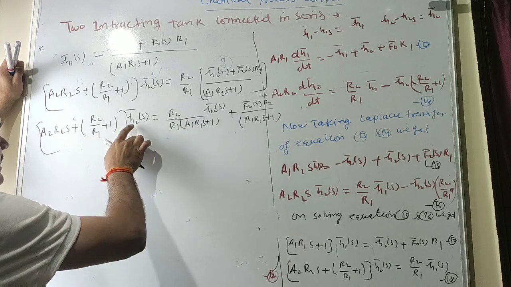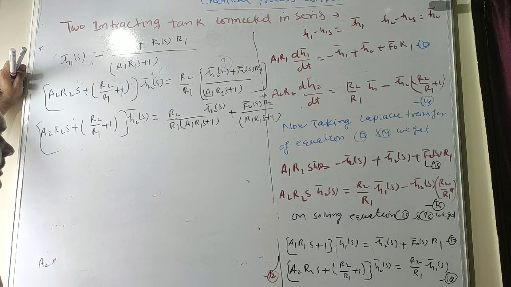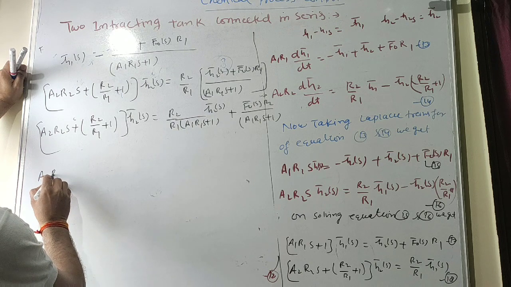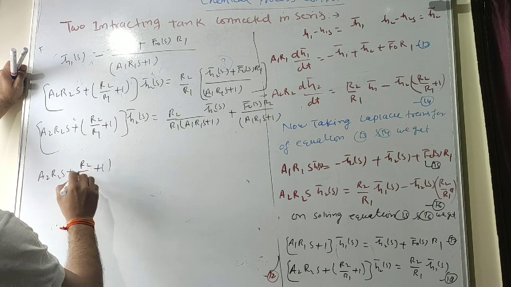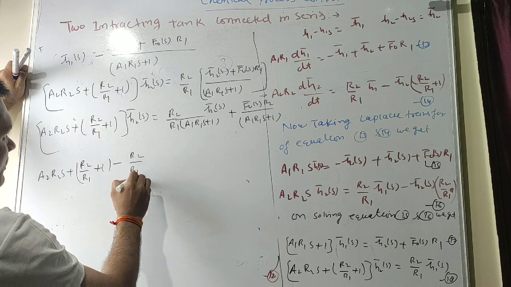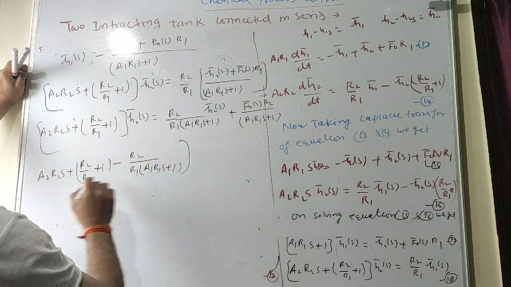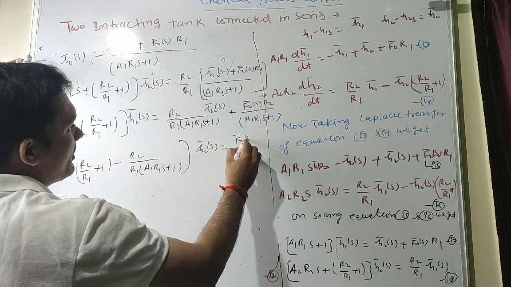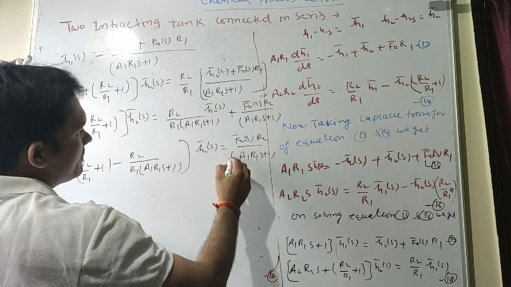Now take H2 bar S and H2 bar S to one side to get the desired results. So a2 r2 s plus r2 upon r1 plus 1 minus r2 upon r1 a1 r1 s plus 1 will give us H2 bar S equal to F naught bar S into r2 divided by r1 a1 r1 s plus 1.